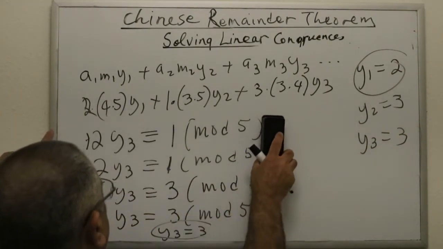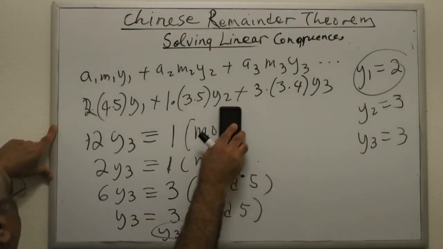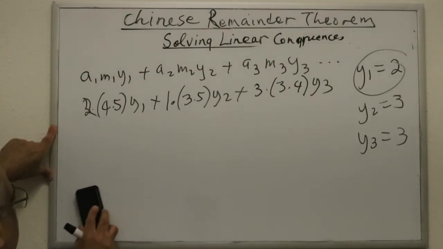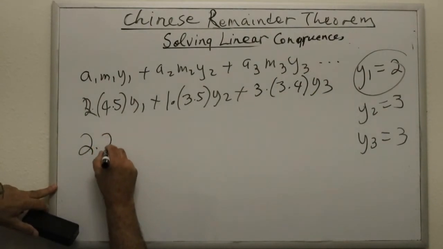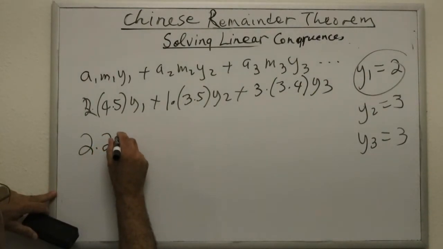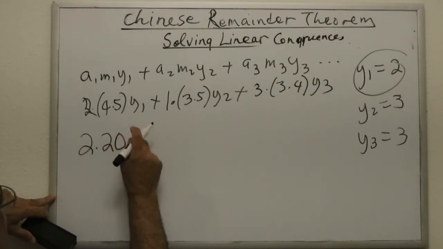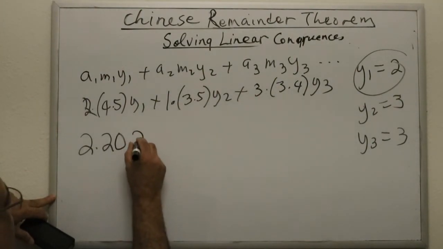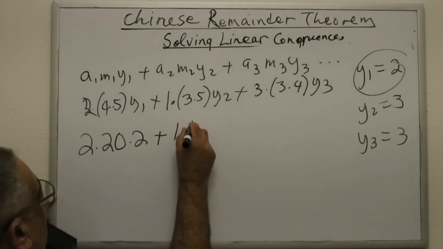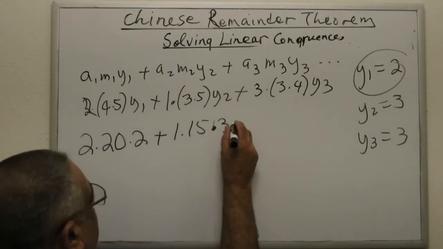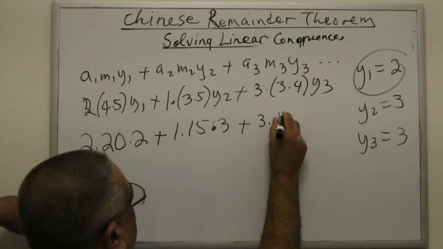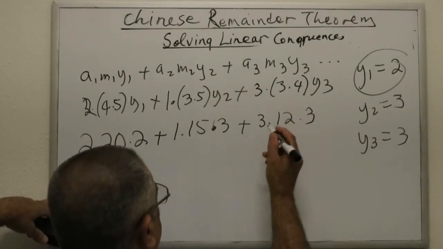So all I have to do now is actually plug it in. So I'm going to go into this equation. So that's 2 times 20, y1 is 2, plus 1 times 15, y2 is actually 3, plus 3 times 12 times 3.